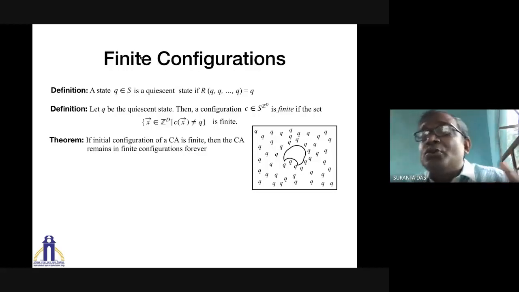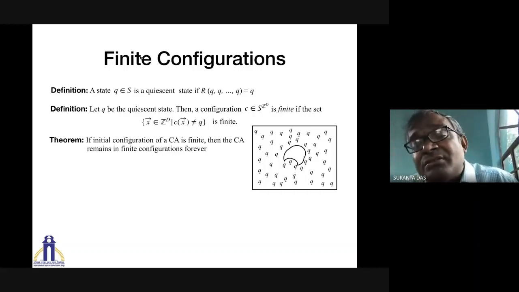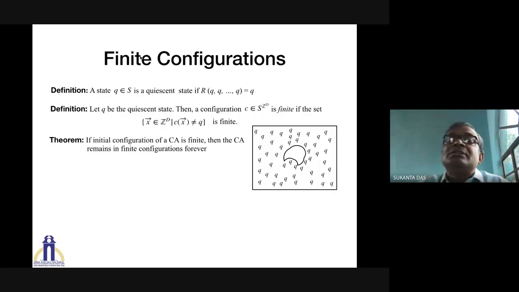Then based on the rule, that cell may move to non-quiescent state. But a distant cell whose neighbors are all in quiescent state cannot move, it will remain in the quiescent state.